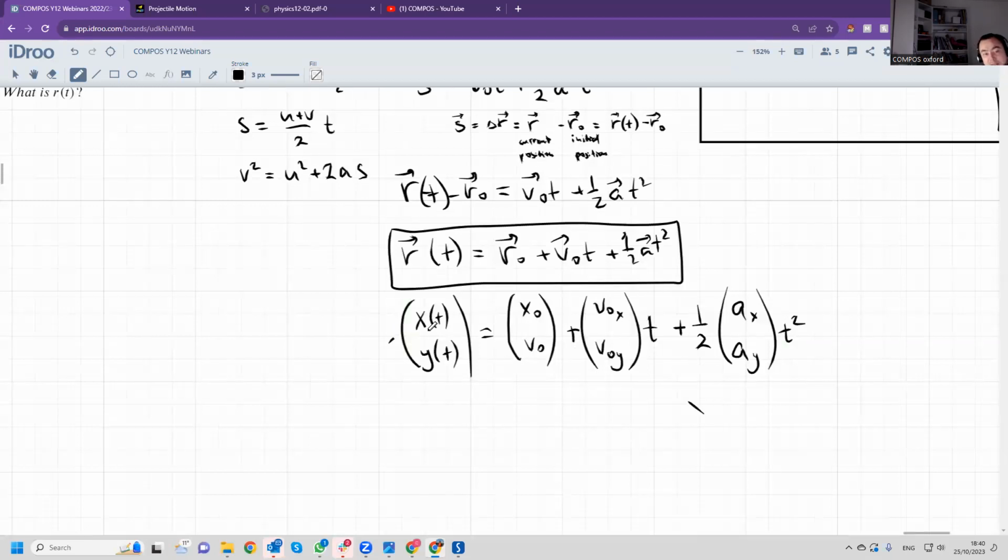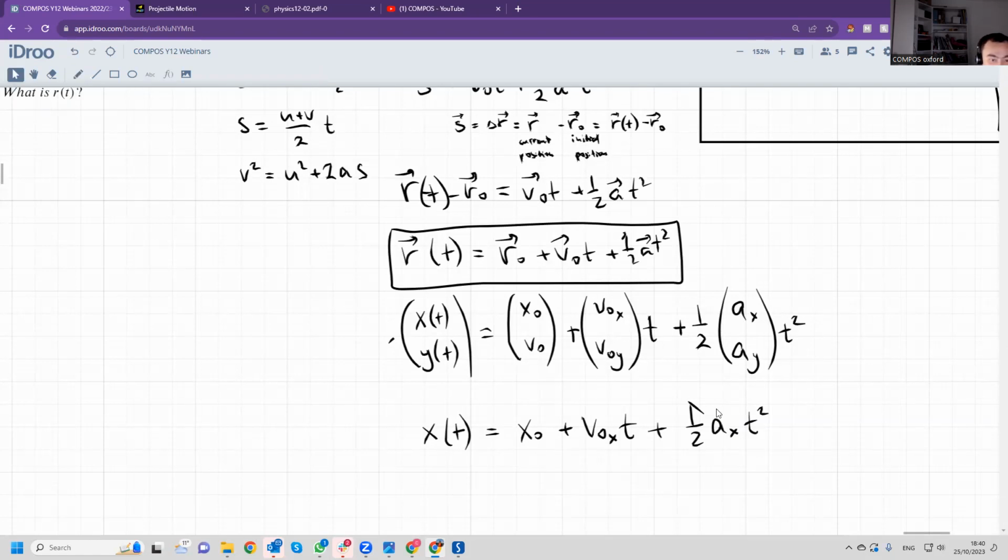And then we can write the top line and the bottom line separately, and we can say that x of t, the position of an object, is the initial position plus the initial velocity times time plus 1/2 acceleration in the x direction times t squared.